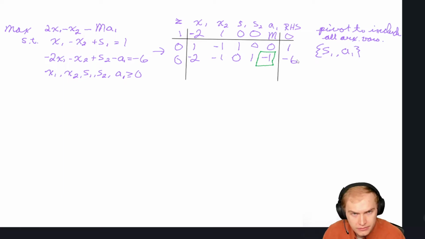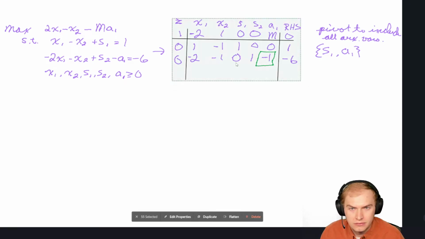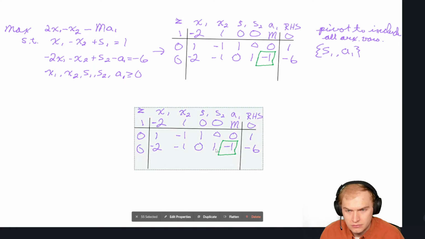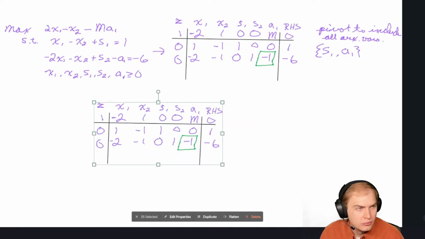Notice that this row has its identity entry in S2, so we're pivoting out S2. We're going to do that by duplicating this.